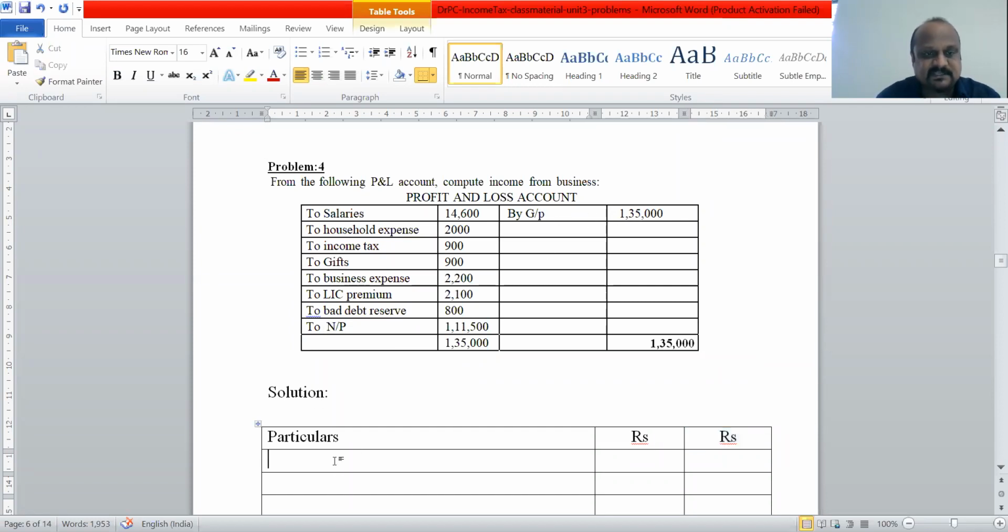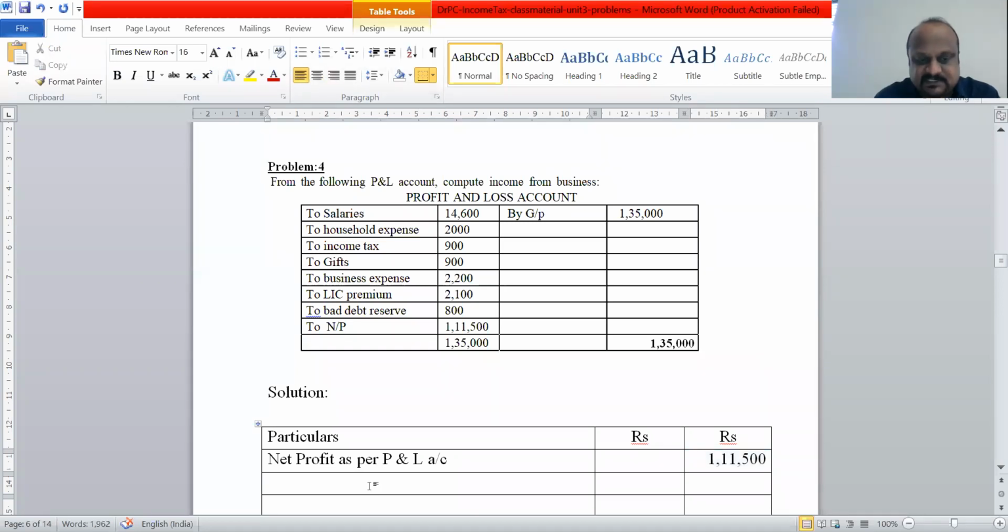So first thing is net profit as per P&L account. How much is that? 1,11,500. That is his net profit.